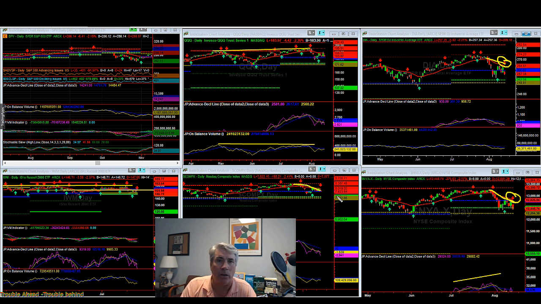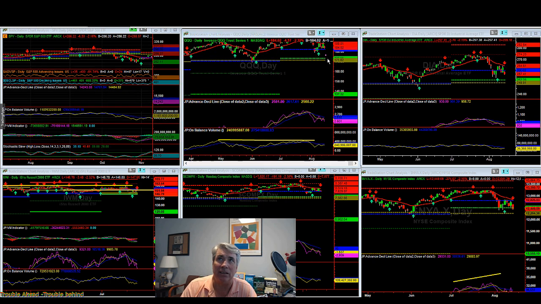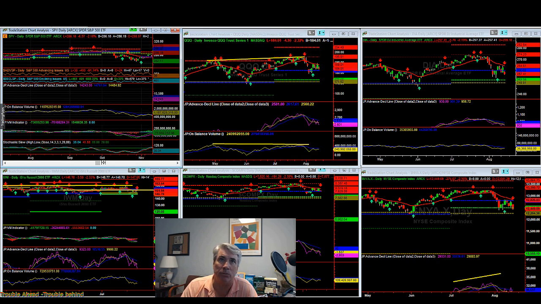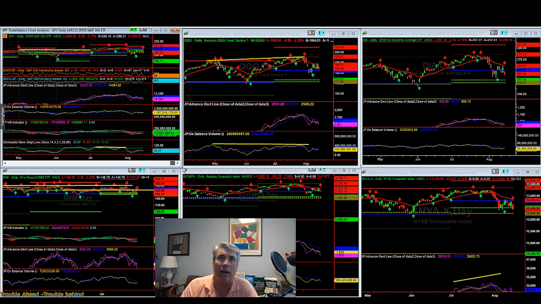Moving averages falling on the NASDAQ composite, daily sell signal. Moving average falling and new daily sell signal in the Russell. The only thing that's not generated a daily sell signal yet would be the NASDAQ 100, but I'm sure that'll come soon. Either way you look at it, S&Ps, falling moving average, daily sell signal.